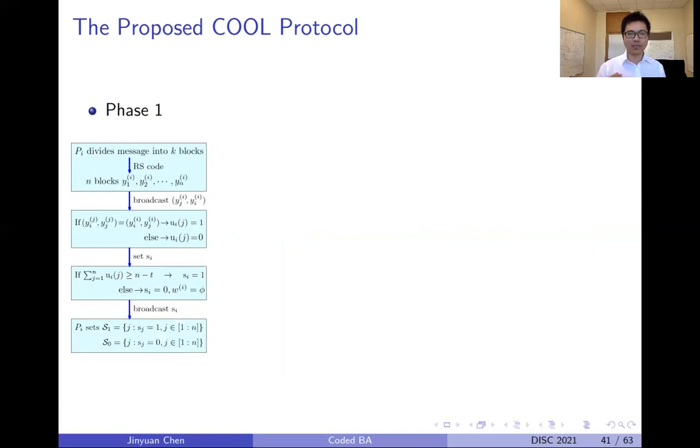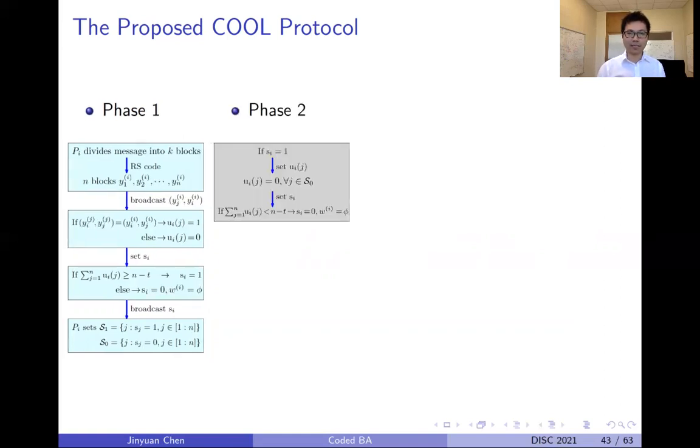After that, processor i broadcasts the success indicator to other processors. Based on the received success indicators, processor i creates the set of the true success indicators and the set of the false success indicators.